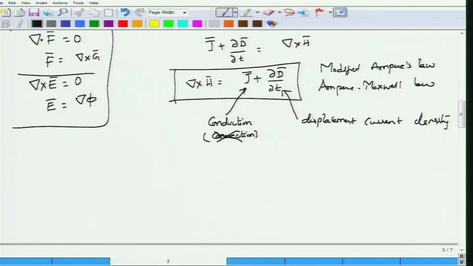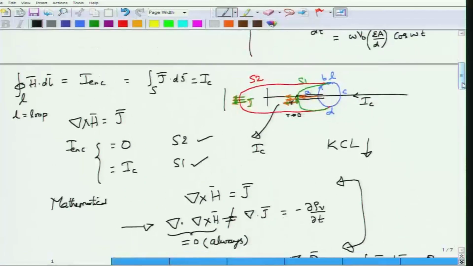When there is a possibility of no conduction current, as would happen inside a capacitor, there are no free charges for us to carry the current. So, in this case J will be equal to 0, but what will be non-zero is del D by del t. So, del D by del t will pick up whatever the charging current IC is, and in that process give you the continuity of current, okay.